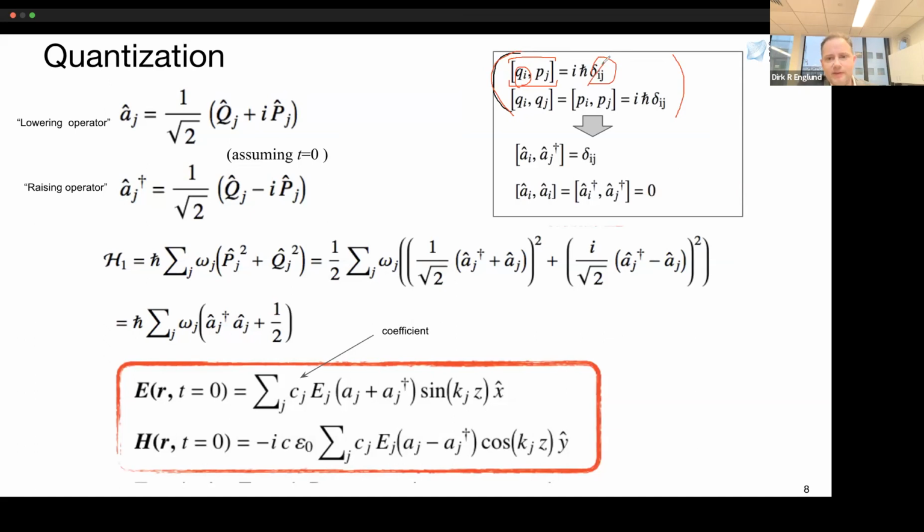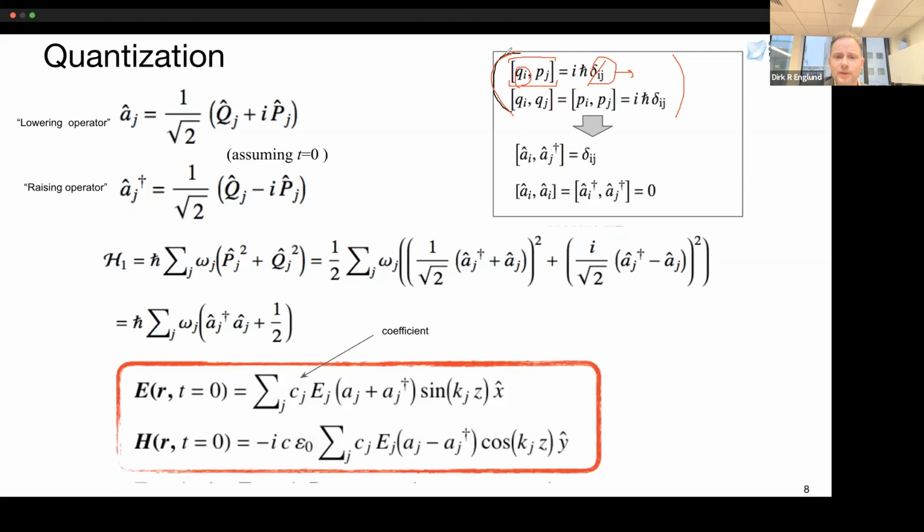If you just remember your quantum mechanics, this demands, for example from the Heisenberg uncertainty principle, that it's impossible to measure each of these quantities simultaneously with arbitrarily good precision.